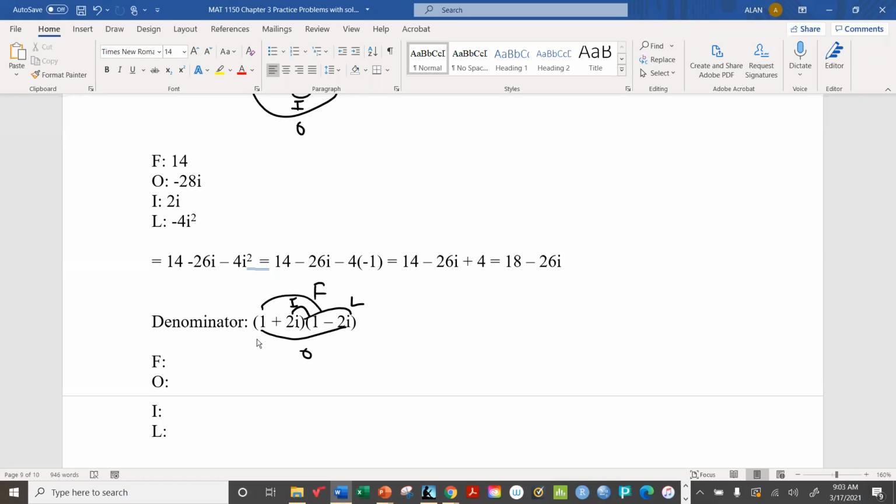Okay, so it's getting a little sloppy in there, but F is 1, O is negative 2i, I is positive 2i, and L is negative 4i squared.